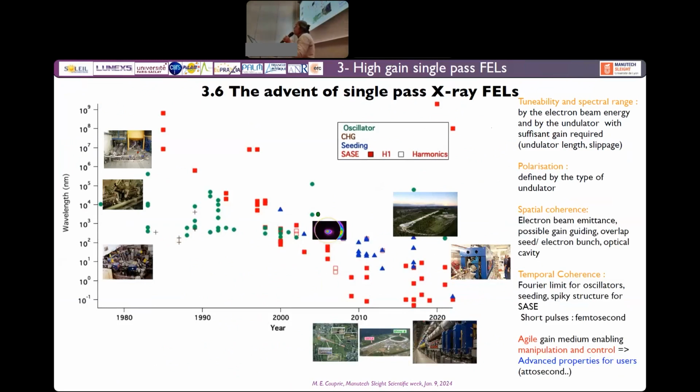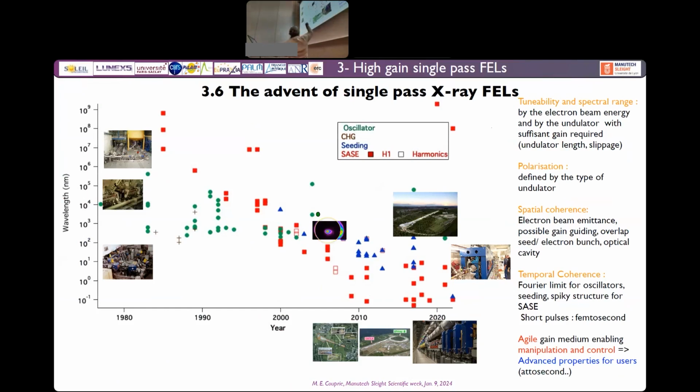So now, if I recapitulate the development of free electron lasers, what I explained is first FEL oscillators in the infrared and then in the visible, which was really the start, with accelerators of not high electron beam quality. Then SASE: high gain studies and SASE ideas were developed at the very beginning of FEL, and first demonstrations were really at long wavelengths because the gain was very low.